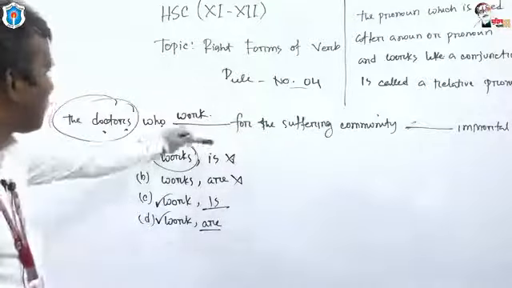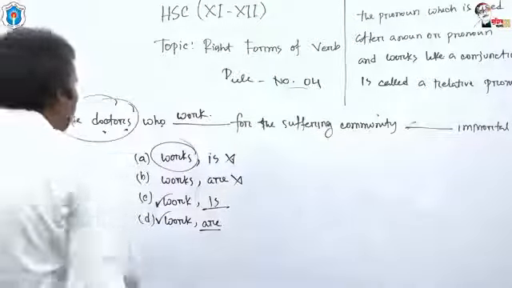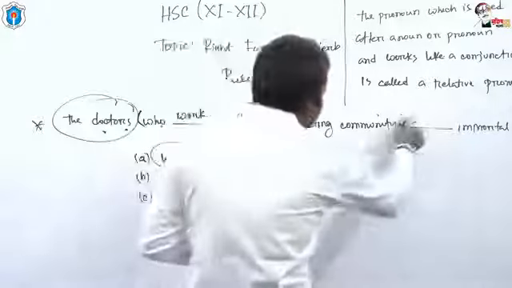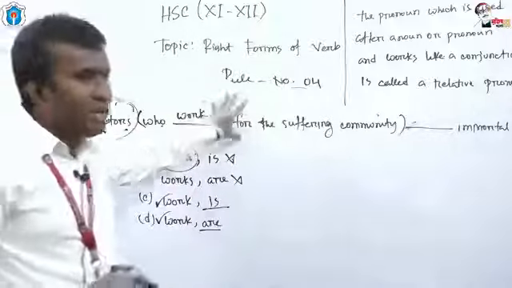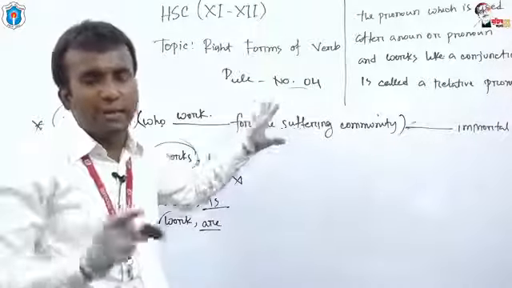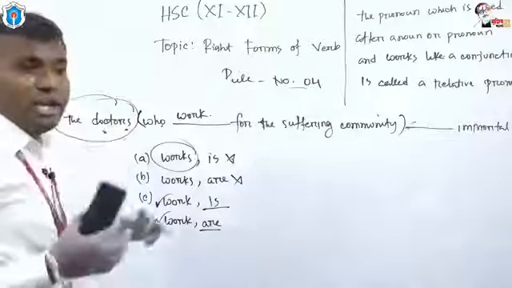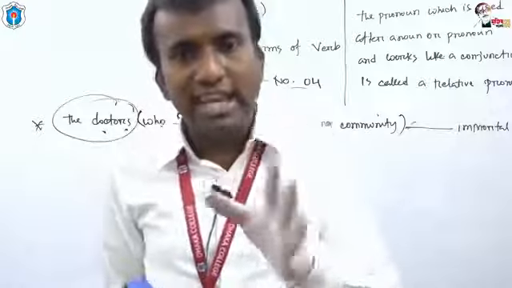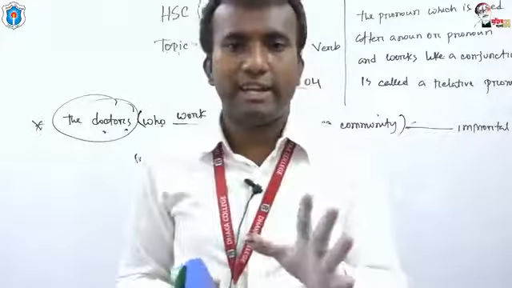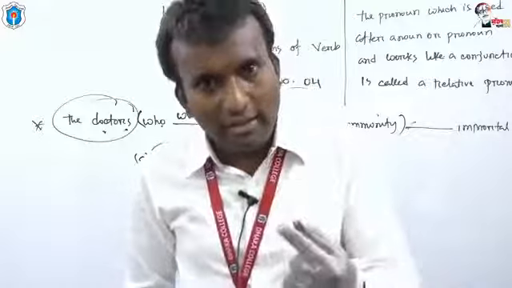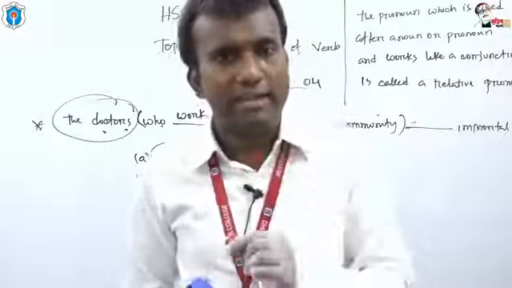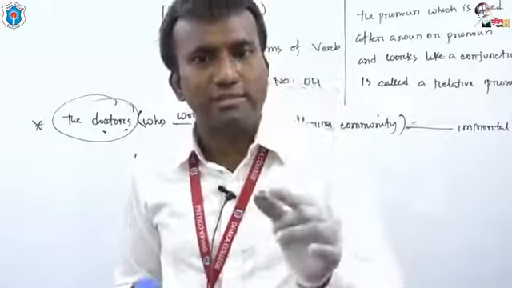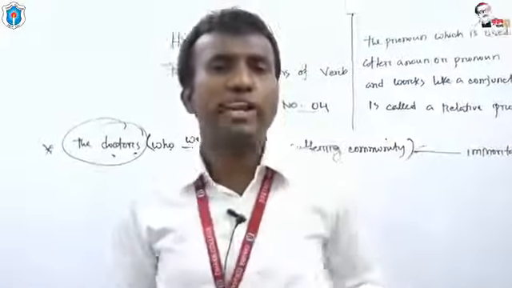The doctors who, for example, who work for the suffering community. Here the subordinate clause is "who work for the suffering community." If we get any antecedent at the very beginning of a sentence, the verb of both the principal clause and subordinate clause must agree according to the antecedent.